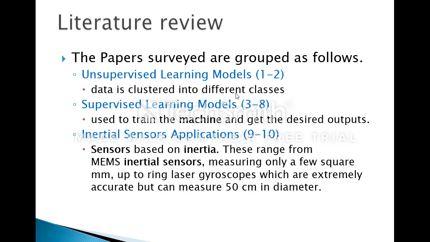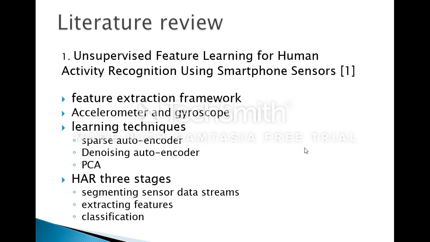These range from sensors measuring only a few square millimeters up to ring laser gyroscopes, which are extremely accurate but only about 50 centimeters in diameter.